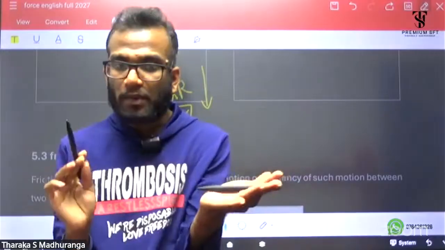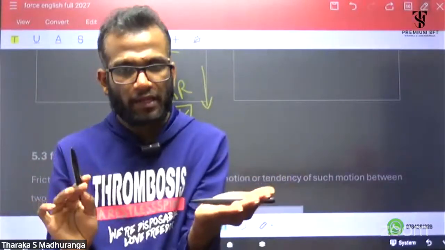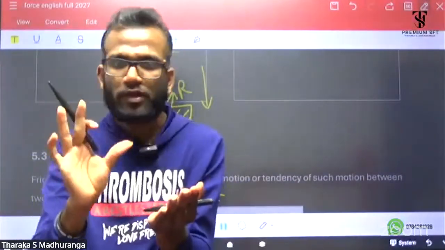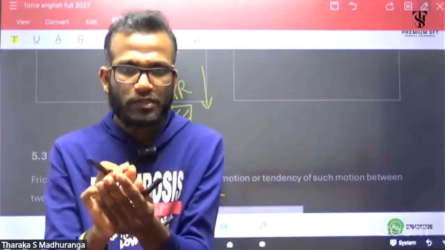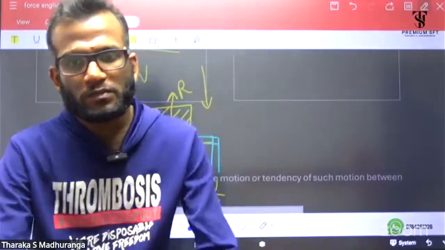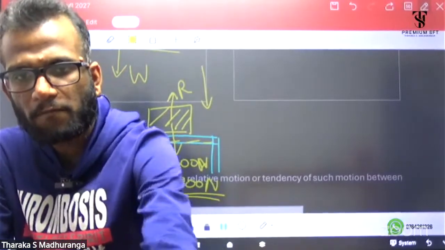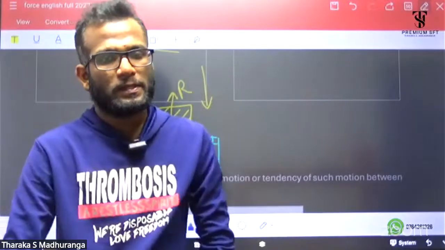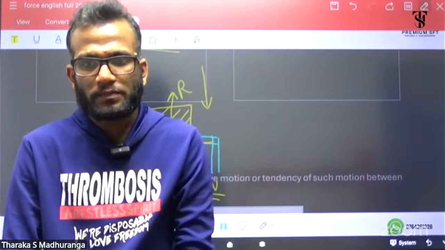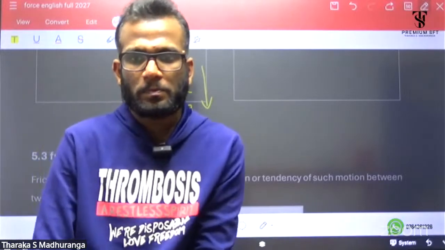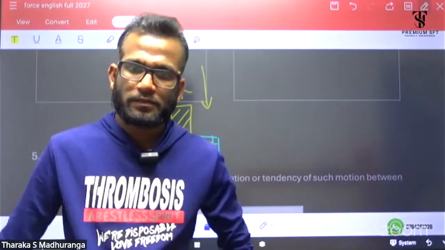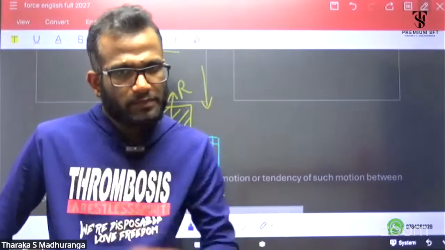If there is any unbalanced force, the resultant force acts towards the unbalanced force direction and the object accelerates according to Newton's second law. Understood? Any doubt? Clear?